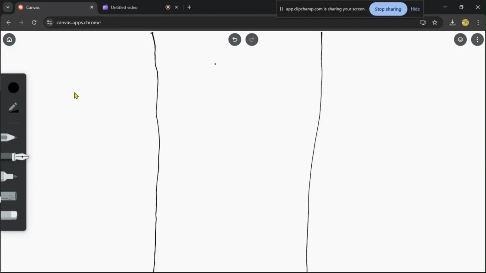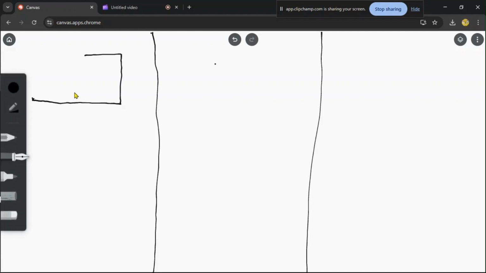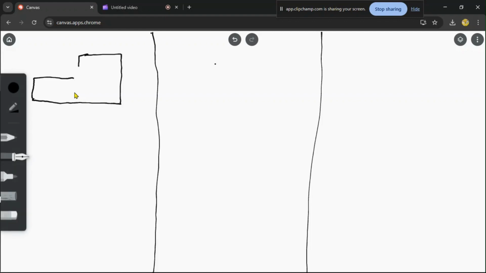If I draw the diagram like that, we have it like that. So these are 90 degrees. You have 90, 90, 90, and again 90 here.